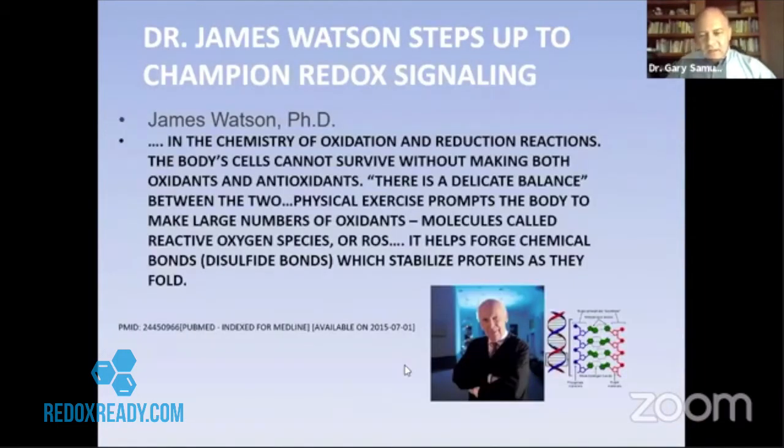So James Watson now is one of the champions. He was the one that saw, or helped discover, what the structure of DNA is. Right now, he is in New York, by the way. It's sunny up there. And he is spending the rest of his life seeing what these reactive oxygen species, or redox signaling molecules, do inside the body, and seeing how we can produce them inside the body.